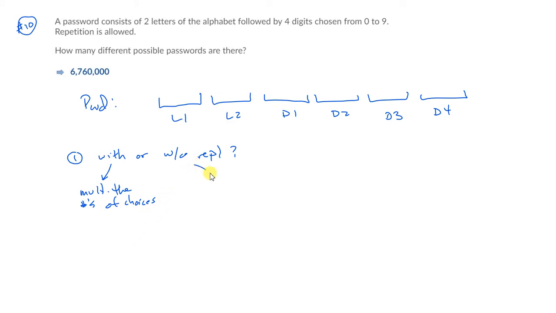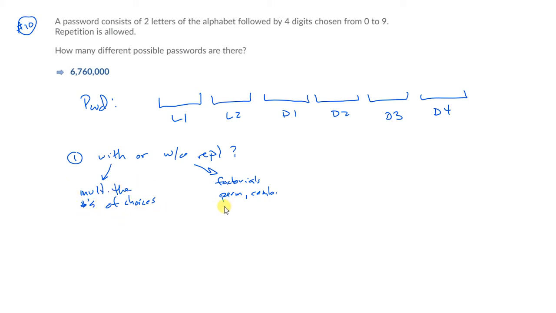If it's without replacement, then each choice is going to alter the number of choices left over for the next item. And so we have to think about factorials, or permutations or combinations. If it's with replacement, it's just a straight multiplication of your choices.